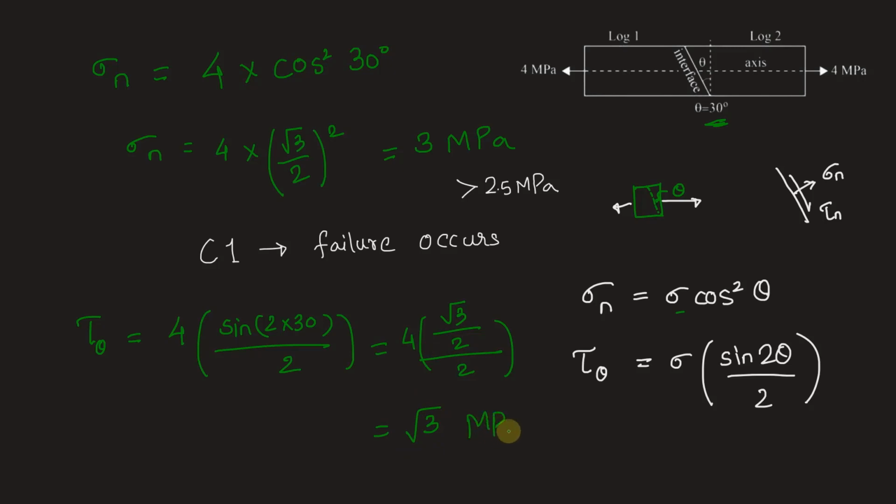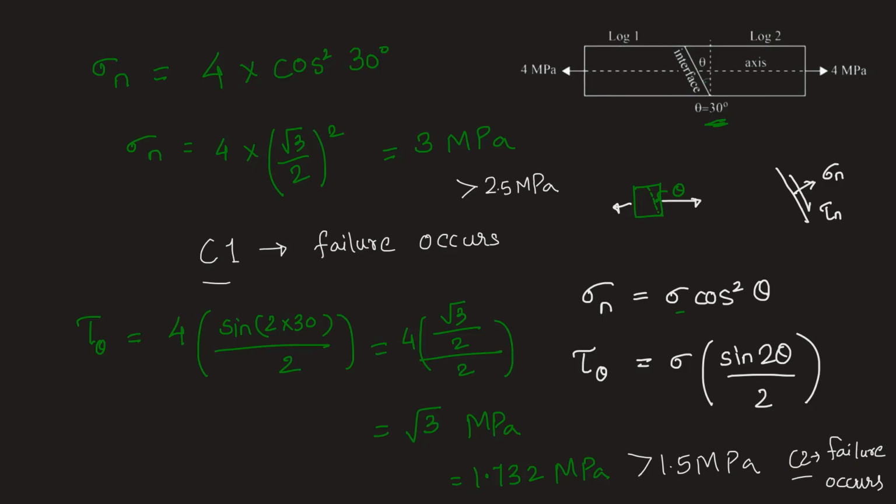So maximum shear stress on this plane inclined at 30 degrees on this interface is root 3, which is nothing but 1.732 megapascal. So as per the criteria given, this is greater than 1.5 megapascal. We see that here also, according to criteria 2 also, failure will occur, and therefore the interface is going to fail by both criteria 1 and criteria 2.